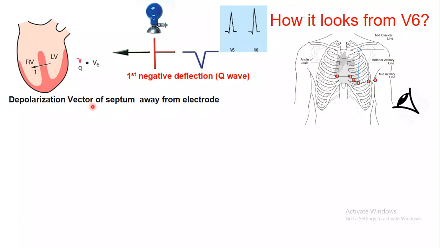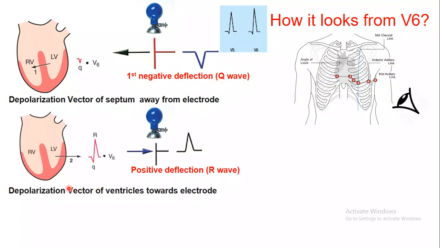So the depolarization vector of septal depolarization is directed away from the V6 electrode. Electric current moving away from the recording electrode causes a negative deflection wave on surface ECG. The first negative deflection wave on ECG is called Q wave.